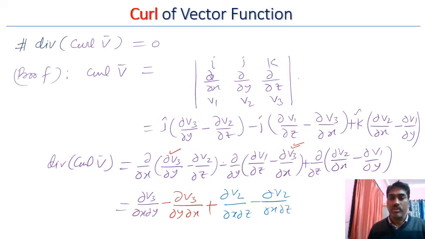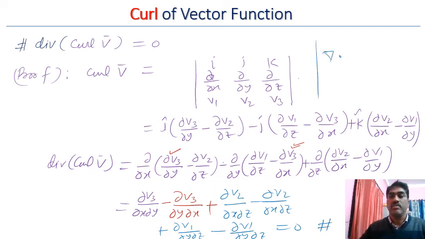You can open all this, and finally del v1 by del y del z minus del v1 by del y del z, all equal to 0. So we have just proved that divergence of curl v is always 0. So you can symbolically also write it as del dot del cross v is 0.